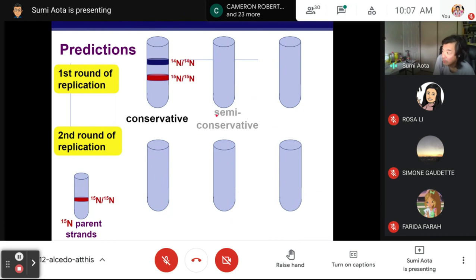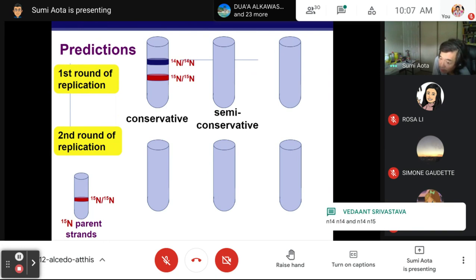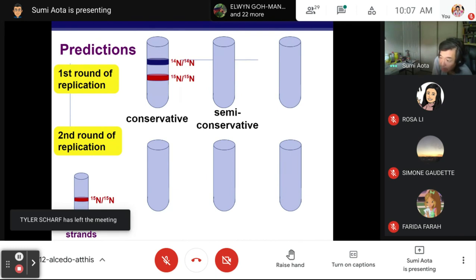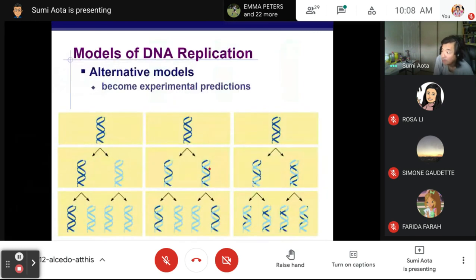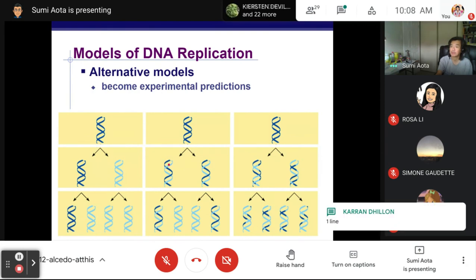What should you see in the first round of replication under semi-conservative? One or two lines, first off. If you go back, one half of one strand will be old, one half of one strand will be new. So that's a combined N14/N15.